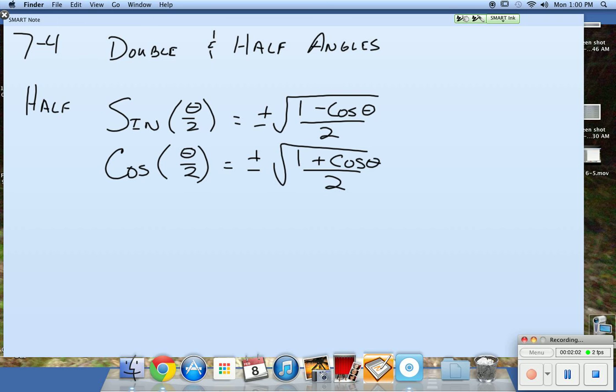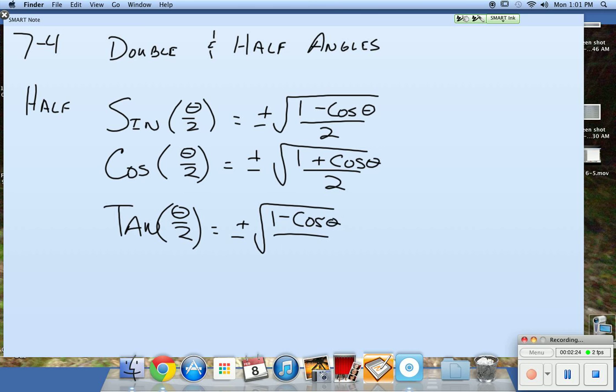So you notice that sine is a minus, cosine's a plus, and they're all one cosine and over 2. Tangent is easy. Once you have these two, tangent of theta over 2 is real easy to remember, because it's plus or minus the square root of 1 minus cosine of theta over 1 plus cosine of theta.